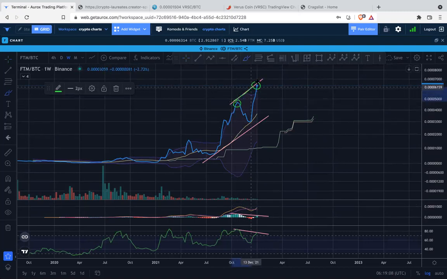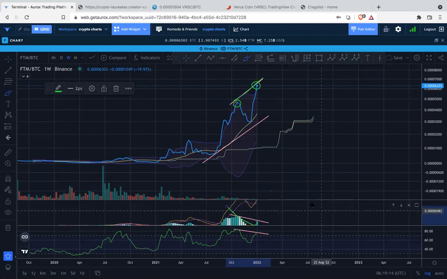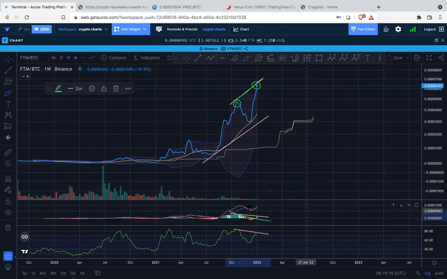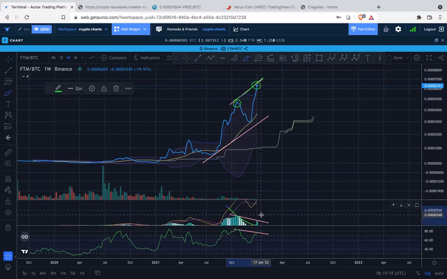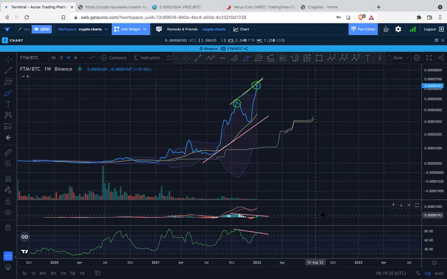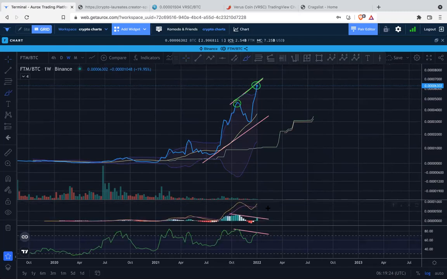And that leads to this uptrending resistance, whereas we have this downtrending MACD potentially. And we have it on the RSI as well.